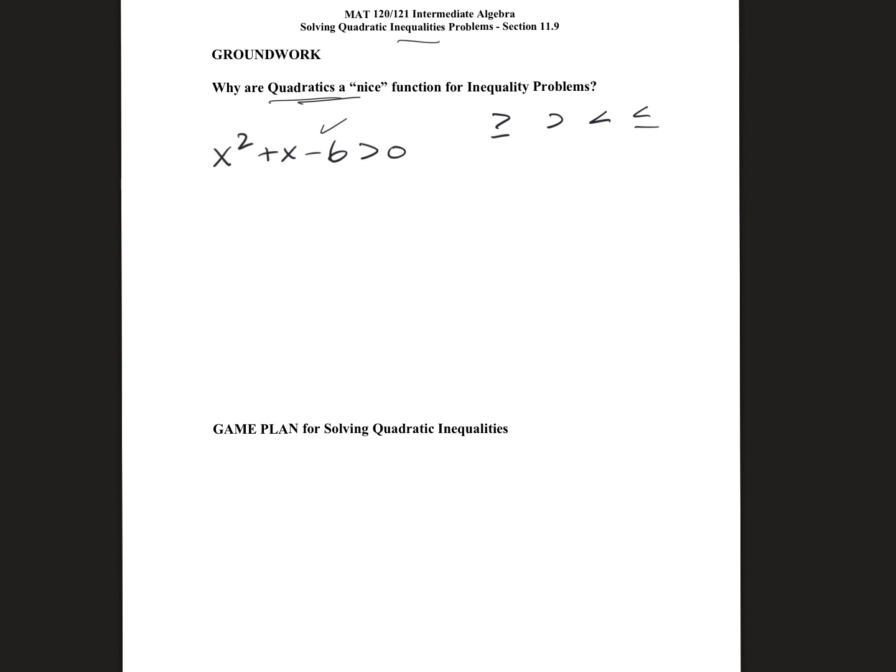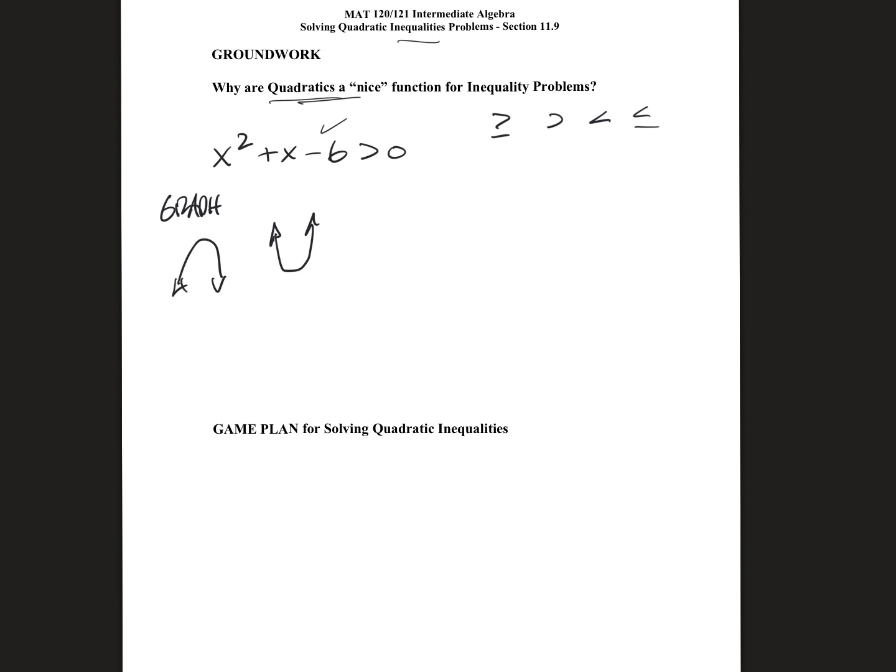And fortunately for us, what's nice about a quadratic is that the graph of quadratics, again, can help us out. As we saw in 11.8, since we're talking about a function that's basically opening downward or opening upward, we actually can take advantage of that situation to help us solve quadratics.